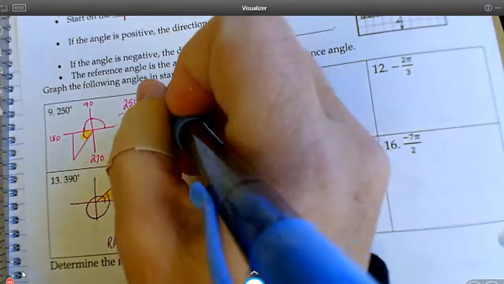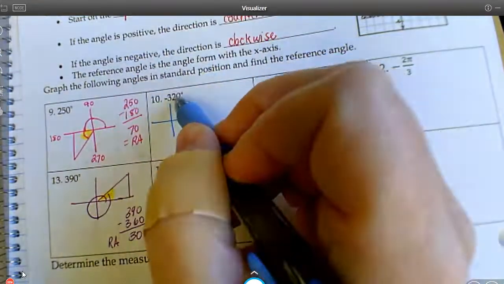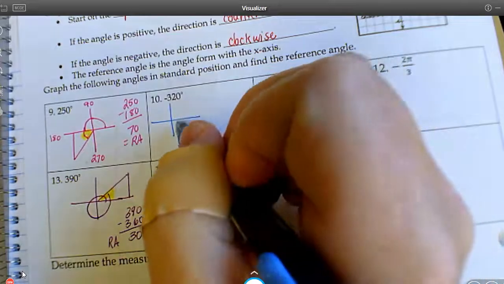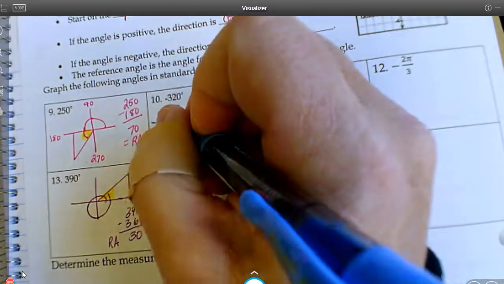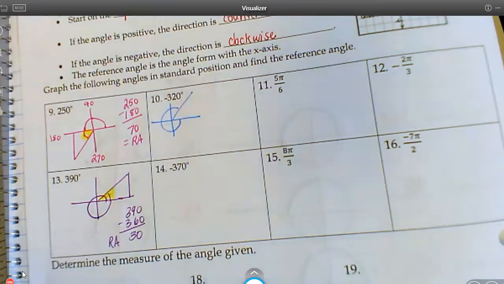Okay, when you find negative 320, first of all, it's negative, so it's going to come around this way. I know it's past 270, so it's this part right here. There's my angle. Okay, make a triangle. The angle that we're looking for is this angle right here.